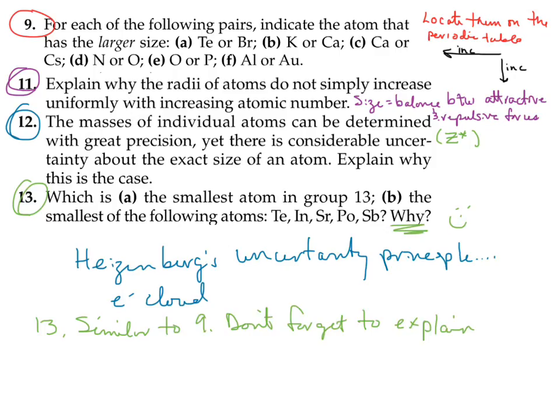For 13, there are two parts, which is, in one case, the smallest atom in group 13. Group 13, we don't usually do that, so group 13 would be, do I have my 13s on there too? Yeah, good. So 13 is 3A. So you can do that. And then the smallest of these. I don't know if these are in the same period.